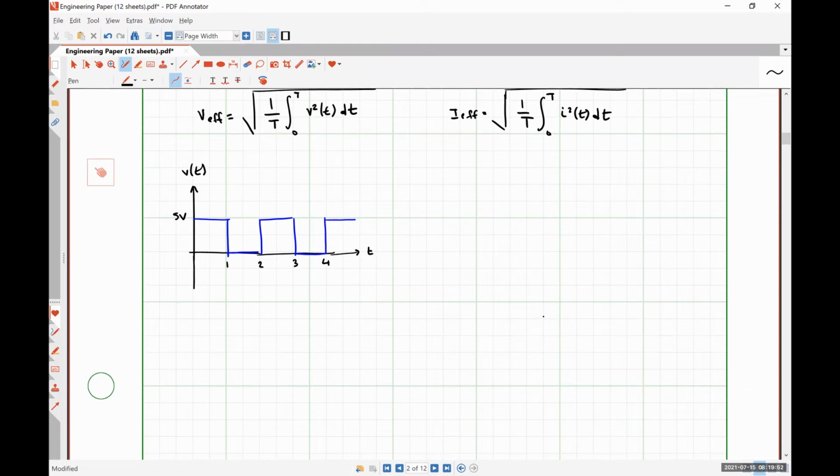Excuse me. We can actually find the effective value of this rather trivially, right? The V effective in this case, we're just going to literally throw stuff into our equation. So what is the period of this function? 2 seconds, right?